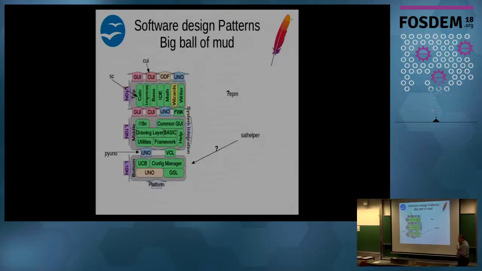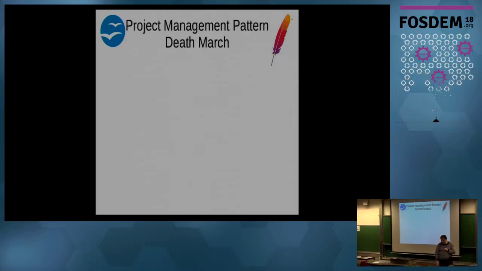I bet. I read once, as a heroic effort, that we reduced code by 90% at one place, somewhere in a LibreOffice changelog, which is really good. It avoids the big ball of mud, I think, or other anti-patterns.